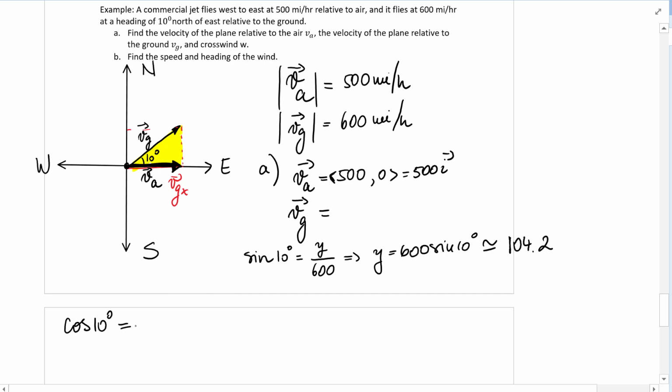And then let's do cosine of 10 degrees. That is x over 600. So x equals 600 cosine of 10 degrees, which is 590.9.